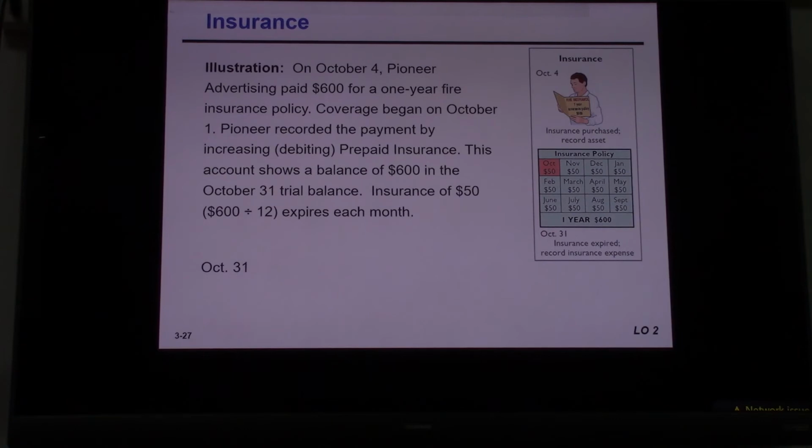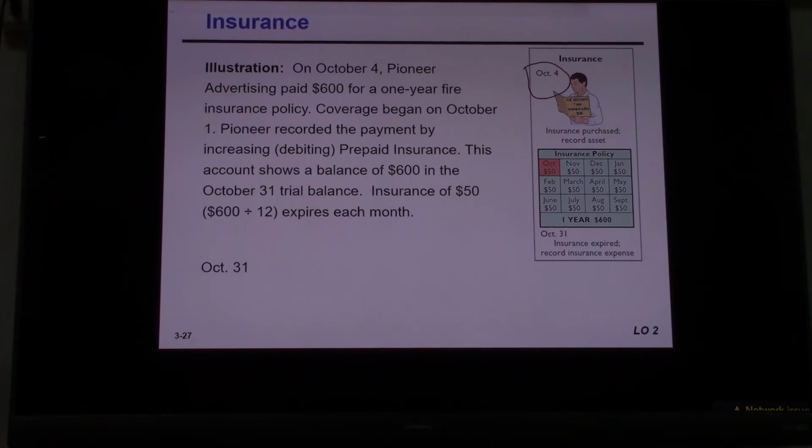So let's read this example. On October 4, Pioneer Advertising paid $600 for a 1 year fire insurance policy. If you are required to journalize this entry on October 4, you purchased insurance that will be used for 1 year, so you paid for something in advance.